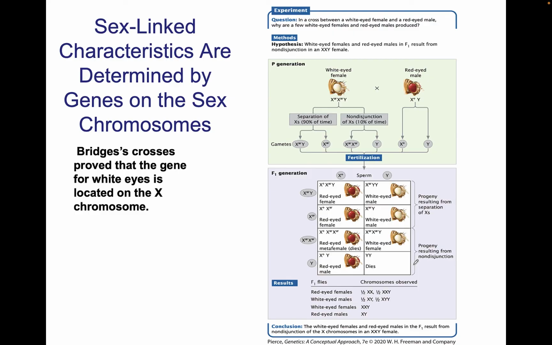So he began to do some studies with the flies, and what he concluded from his studies when he mated white-eyed females with red-eyed males, what we would call a type of reverse cross, was that the white-eyed females and red-eyed males in the F1 result from non-disjunction of the X chromosome in a multi-X chromosome female. So he was able to determine this abnormality because of what we call non-disjunction.